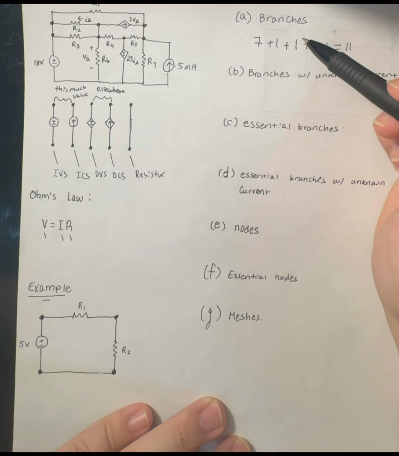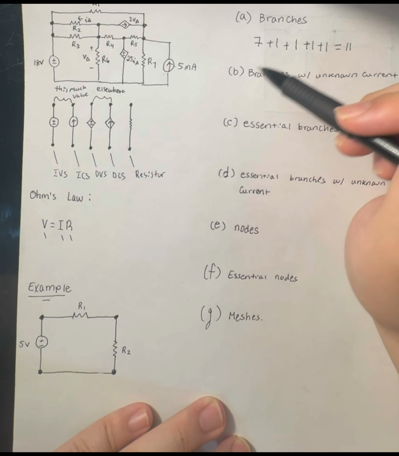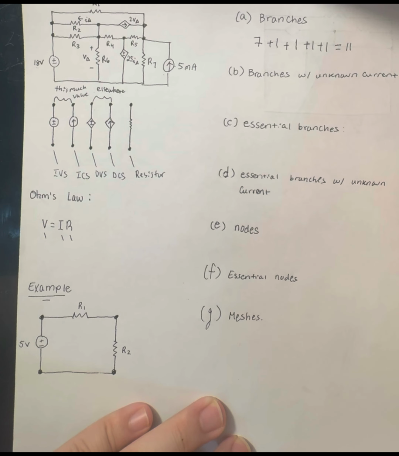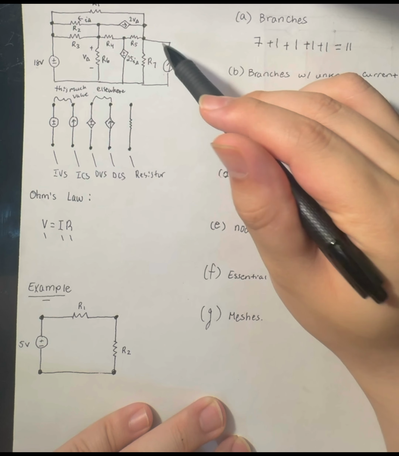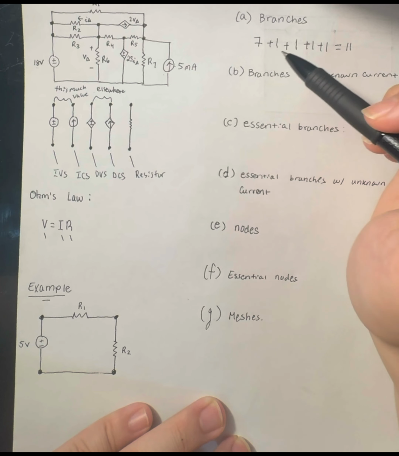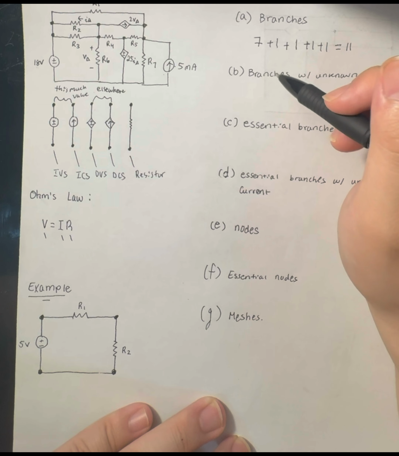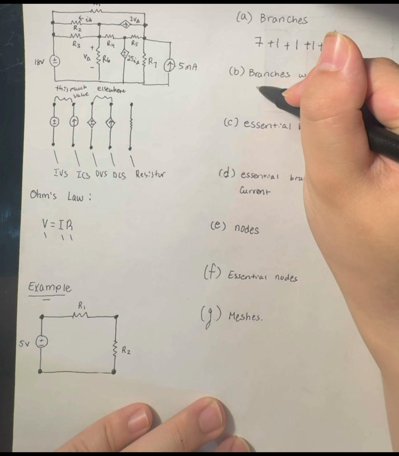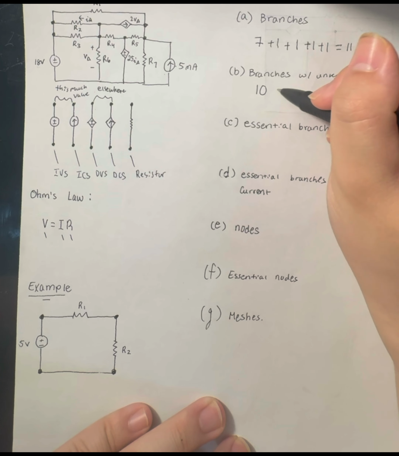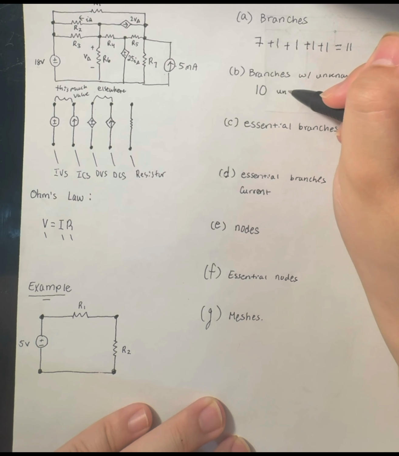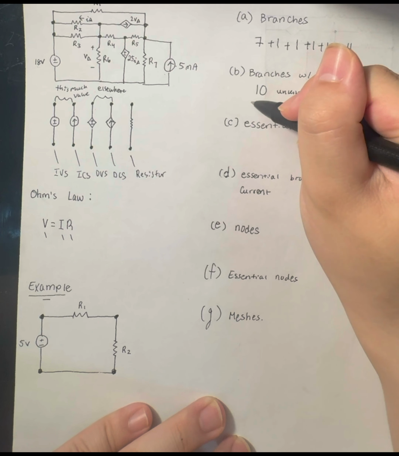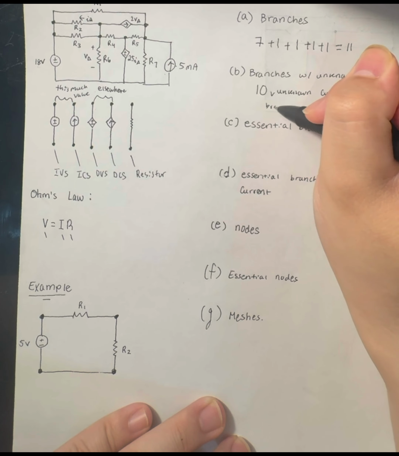As the name suggests. As we defined earlier in part A, there's only one independent current source. So there's only one place in this entire circuit where the current is explicitly given to us. So we can say that there are 10 branches with unknown current, right? 10 branches.